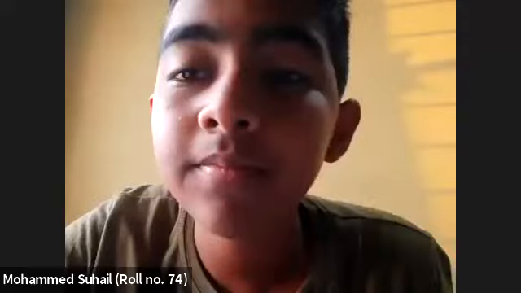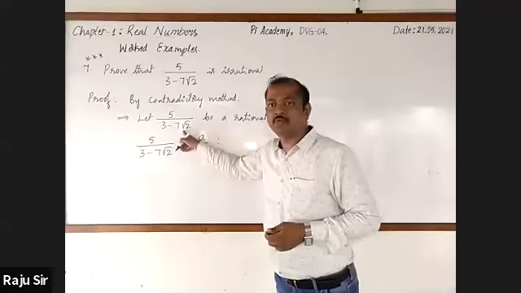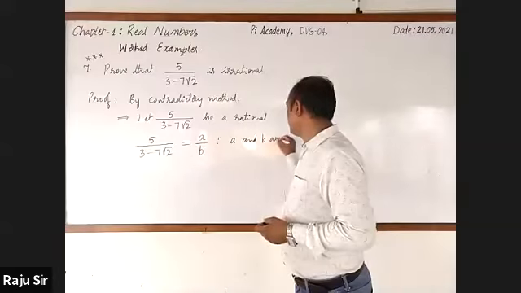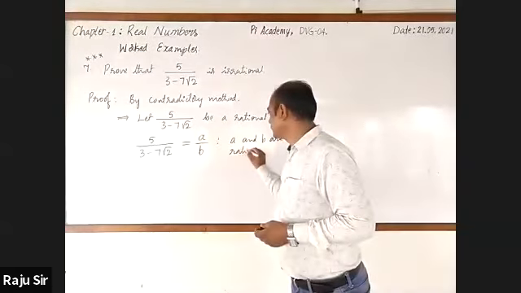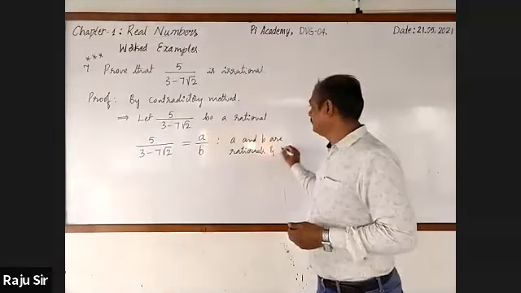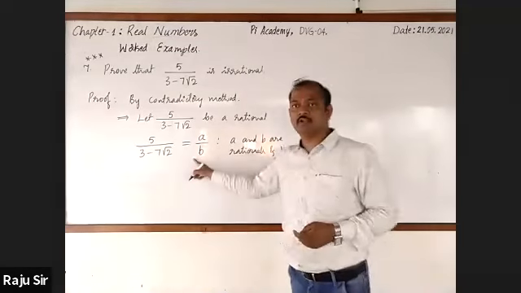Rational numbers. Very good. They are rationals because the coefficient of root 2 is 7, other than 1. A and B are rationals, and B is not equal to 0.